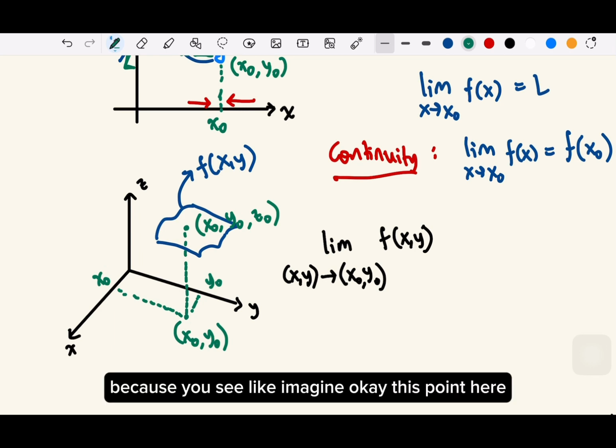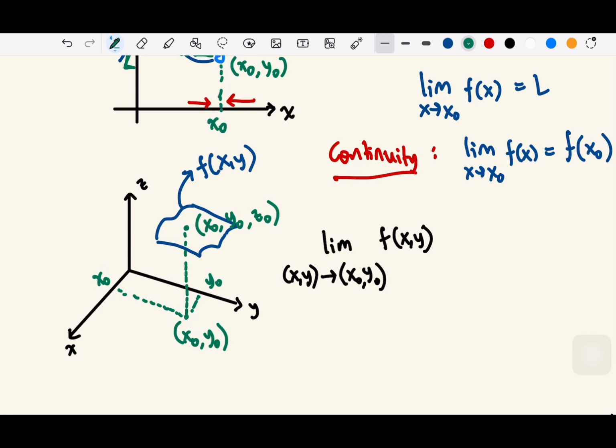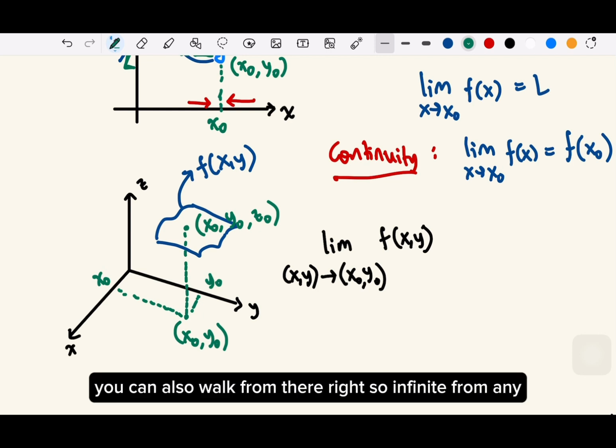Imagine this point here, this is 3 dimensions, right? I want to get close to this table. I can walk from here, I can walk from here, you can also walk from there, right? So from any possible way, we can have infinitely many ways, right?